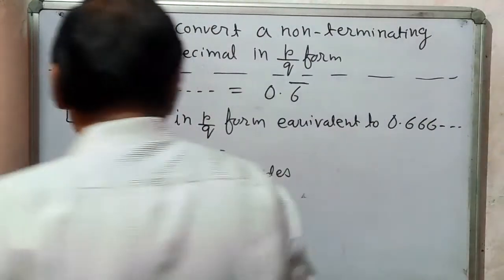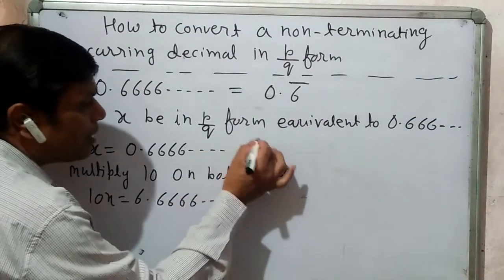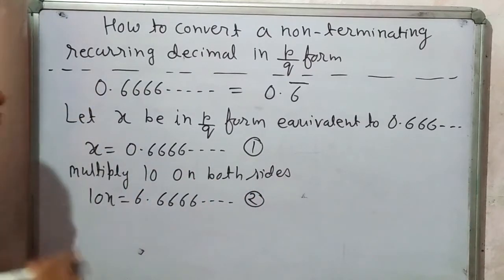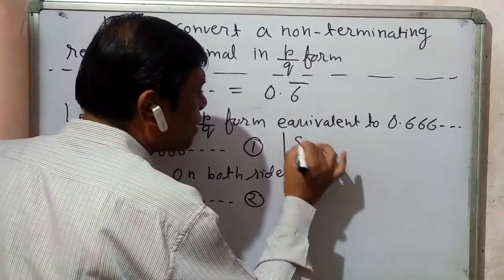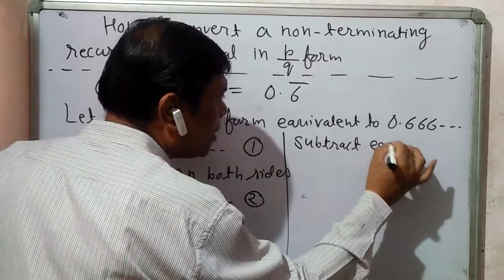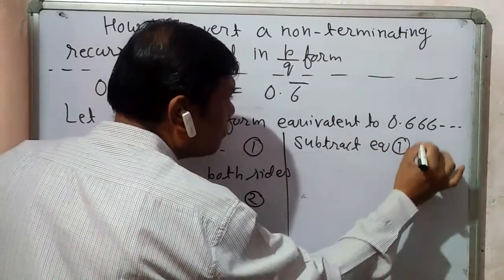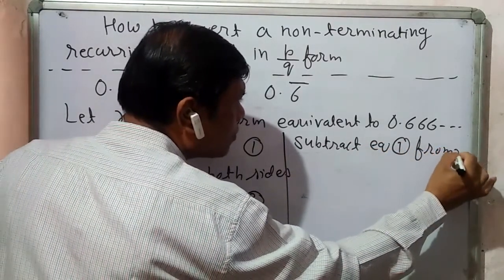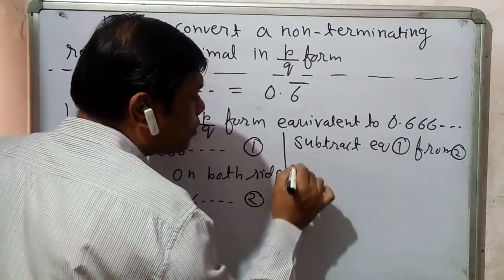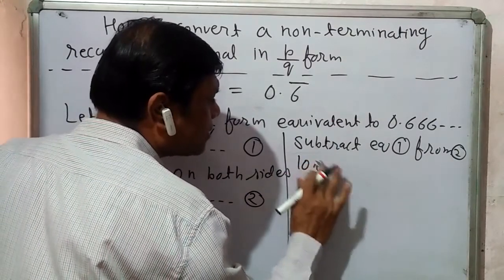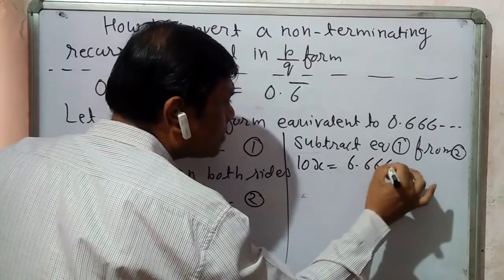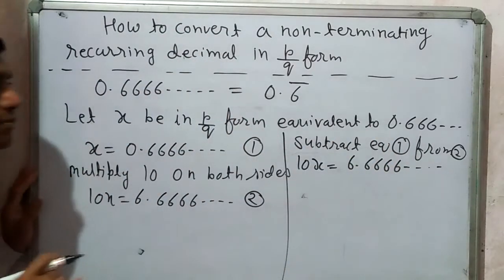Let us give these equations the numbers equation 1 and equation 2. What are we going to do? We are going to subtract equation 1 from equation 2. That means we'll write equation 2 at the top: 10x equals 6.666 repeated infinite times.